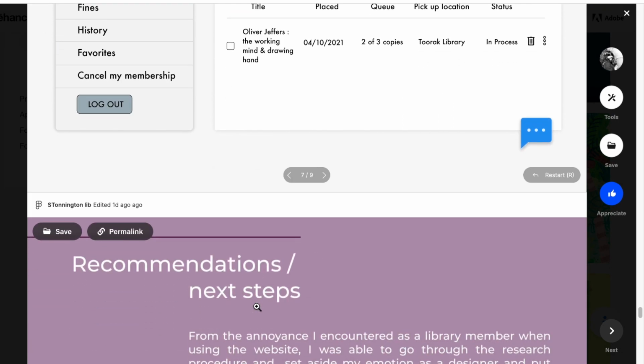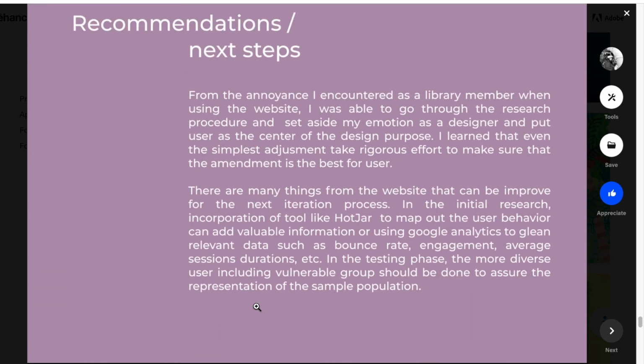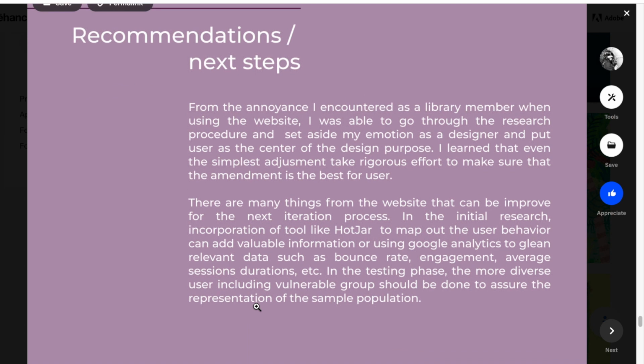After the whole process of empathizing, defining, ideating, prototyping, and testing, there are key takeaways from this project. There are many things on the website that can still be improved in the next iteration.